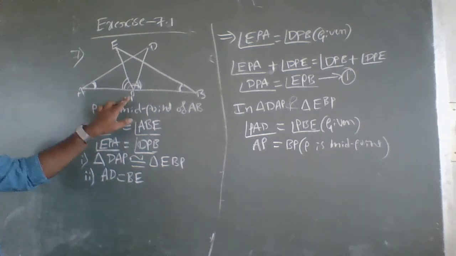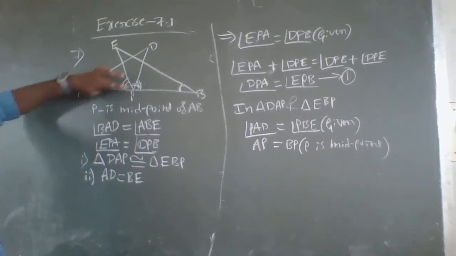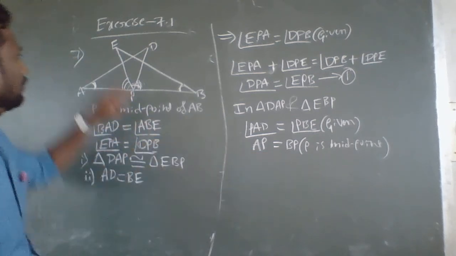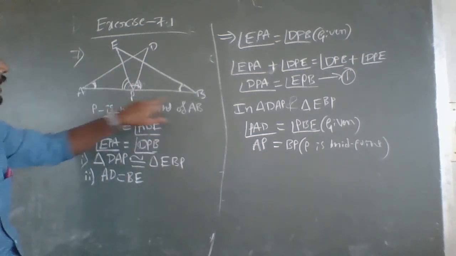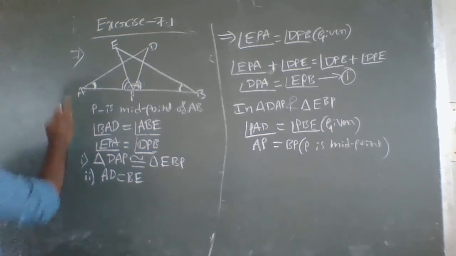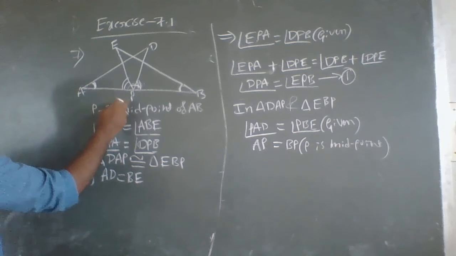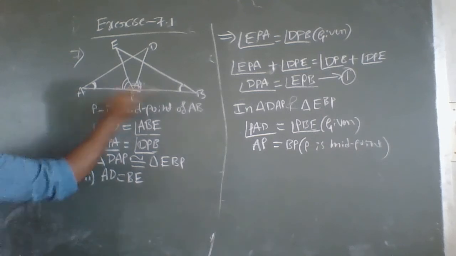AP is a side of triangle DAP and BP is a side of triangle EPB.